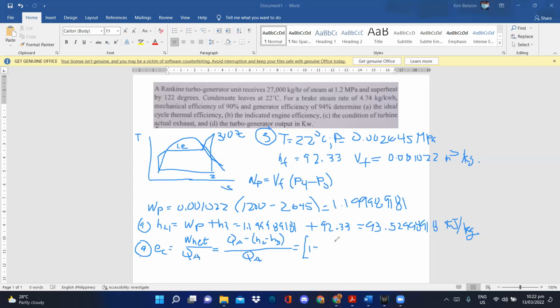1 minus 2083.074 so on minus 92.33, divide all over, you have 3067.5 minus 93.5299 so on, times 100%.